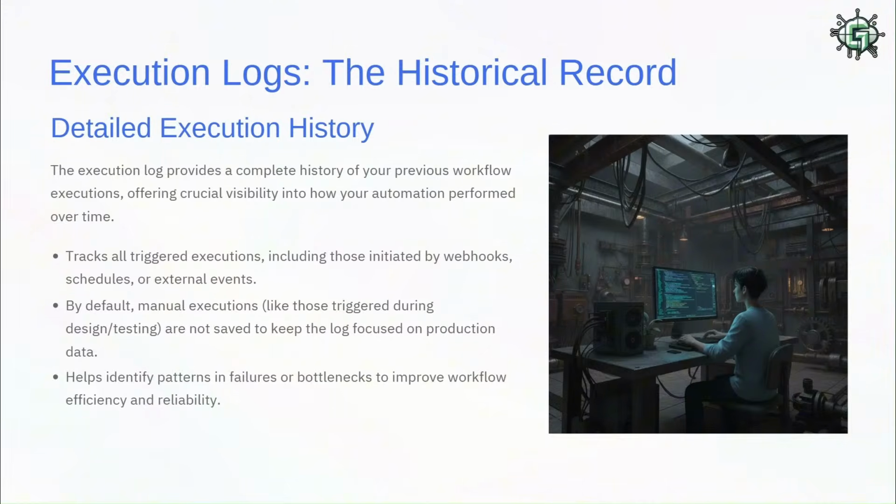All right, now let's talk about the historical record of the execution logs, a detailed history. The execution logs provide a complete history of your previous workflow runs, just like I told you. They track all the default as well as manual executions and help in identifying patterns in failures and bottlenecks.